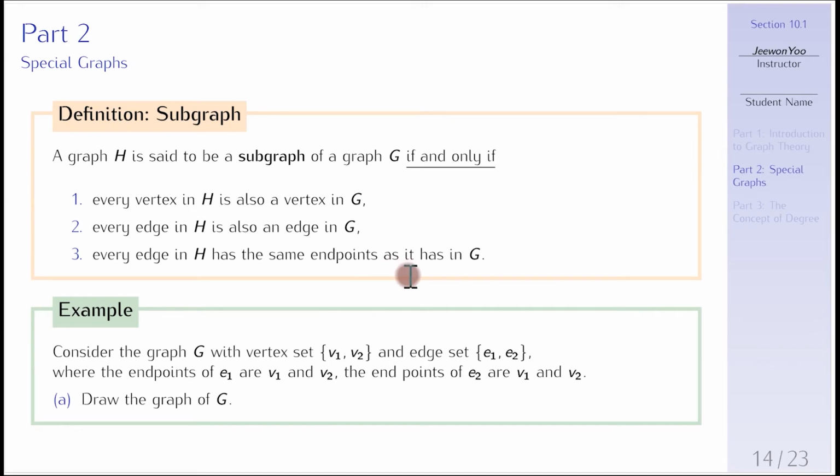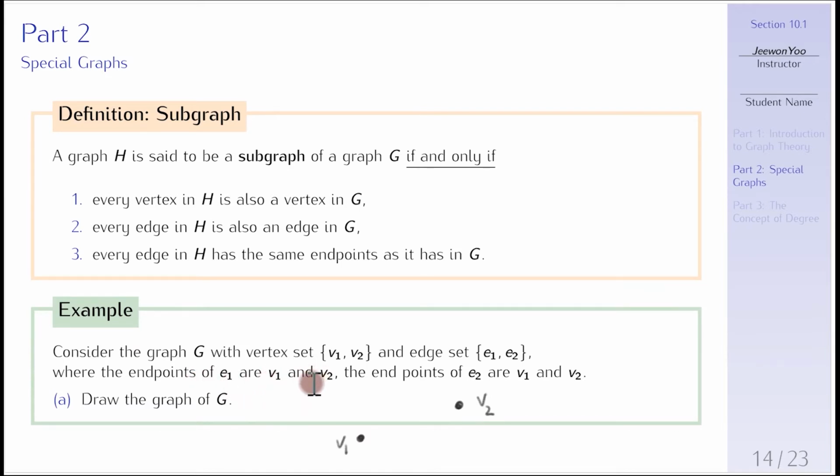So for example, everyone, look at this simple example. Suppose G has a vertex set V1 and V2, only two of them, which makes our life easier. And we have two edges, E1 and E2. So let's sketch this. E1, which is edge 1, has endpoints V1 and V2.